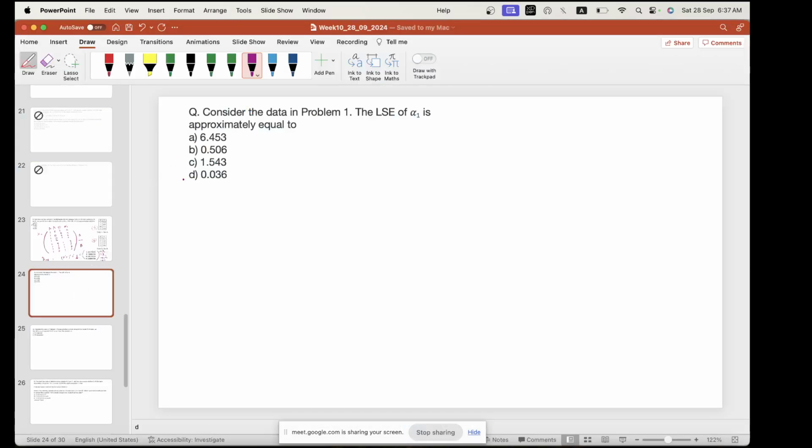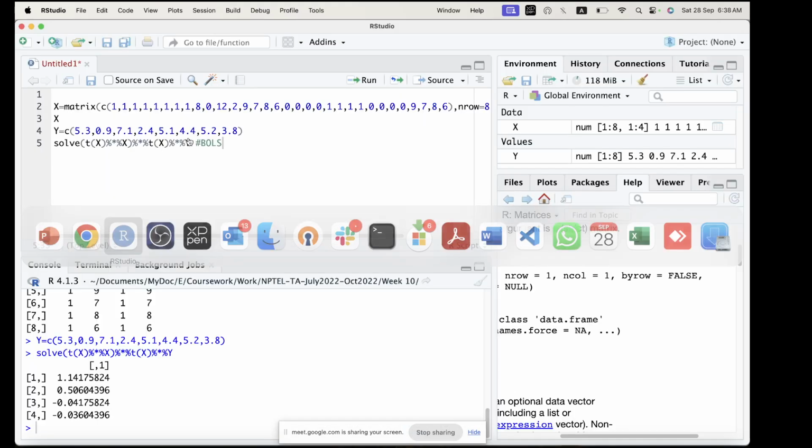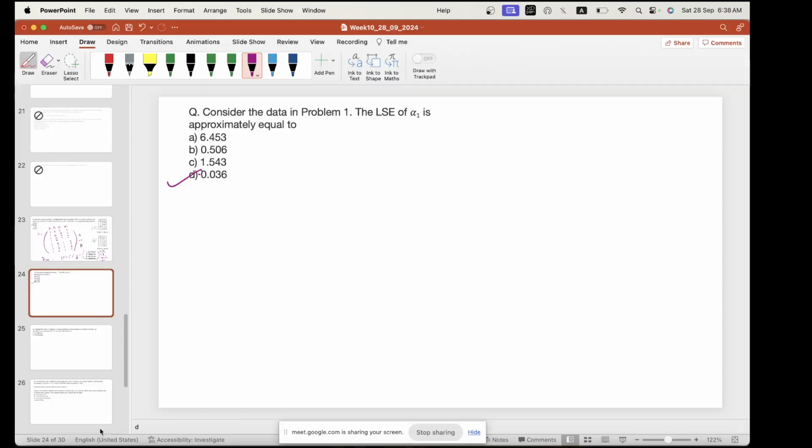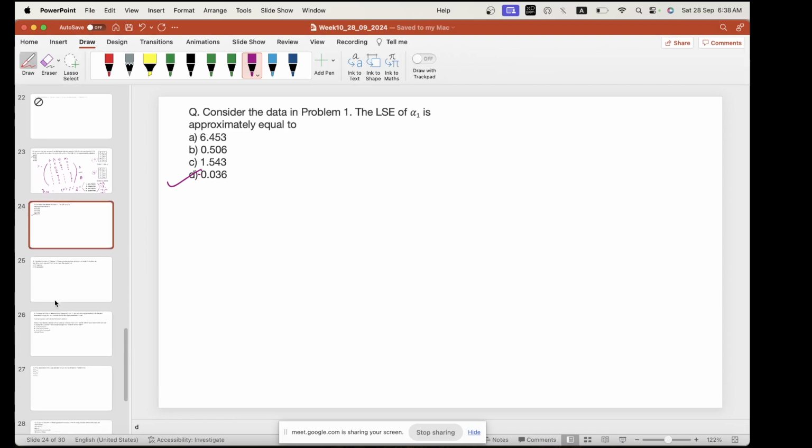Okay, so I think it'll have a minus sign over here. So this is alpha 1, minus 0.036, because that is what alpha 1 has come out. Alright, now let's move on to the next question.